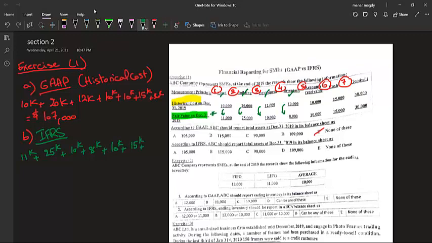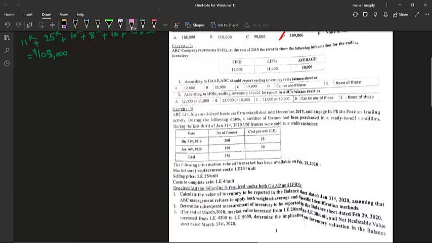They are not among the items that apply fair value revaluations. And goodwill 30,000. The summation is 109,000. So the choice is number D. So we finished exercise number 1.